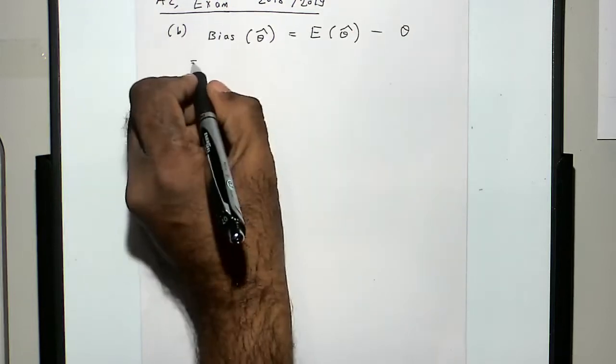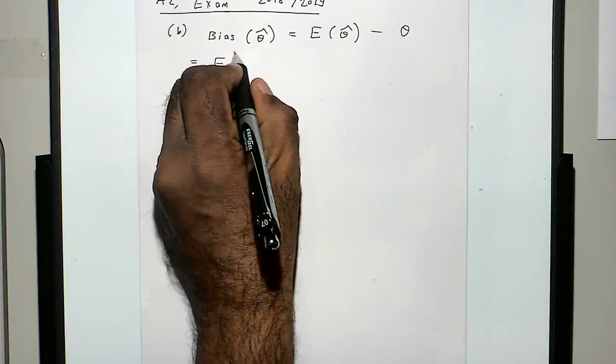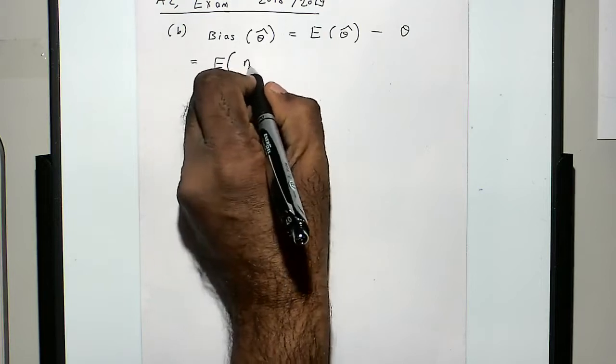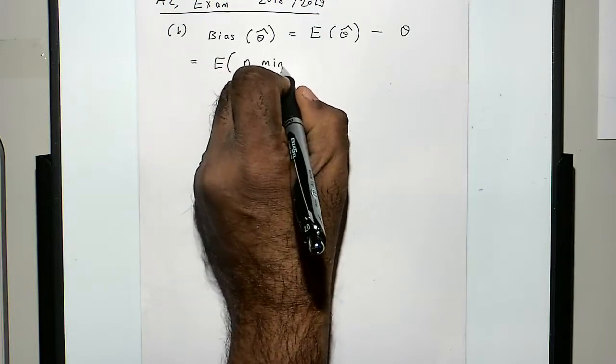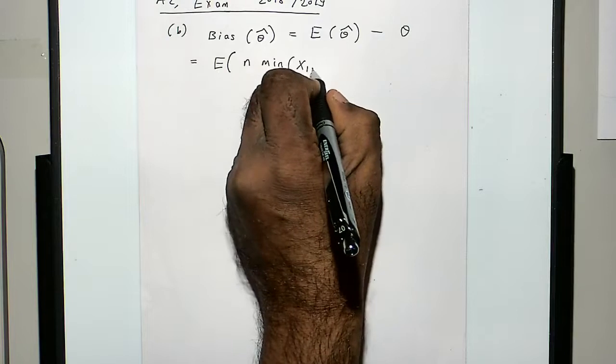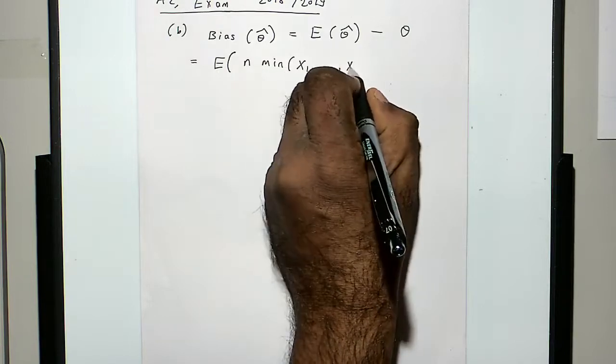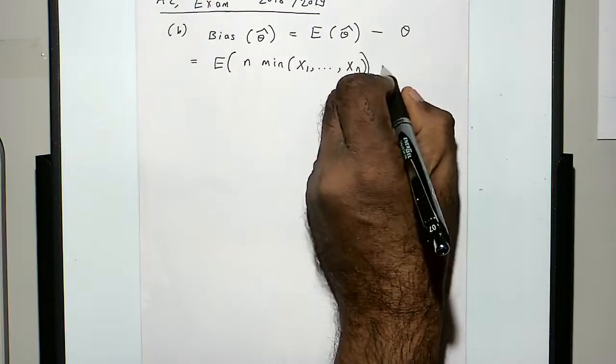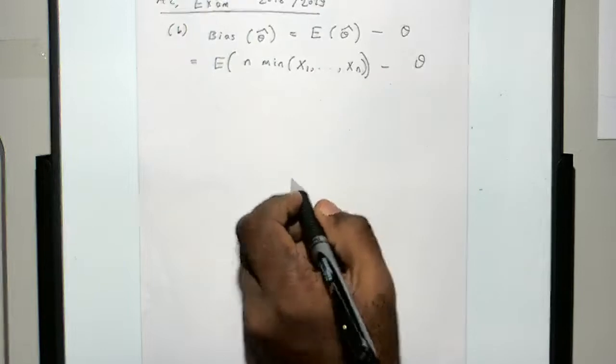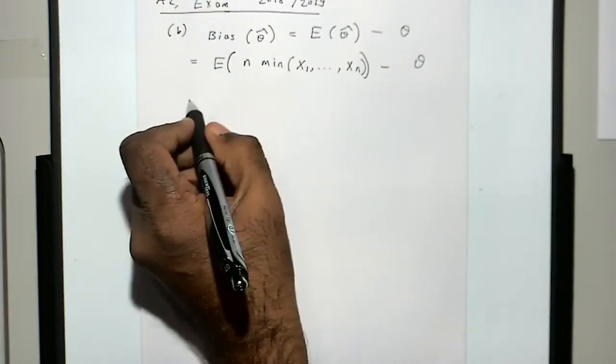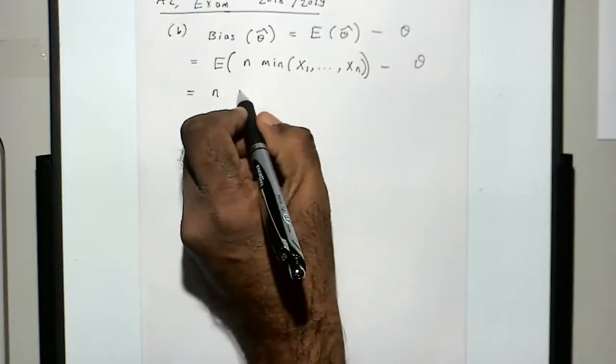So this is the expectation of n times the minimum. Now n is a constant, so you can put it outside.